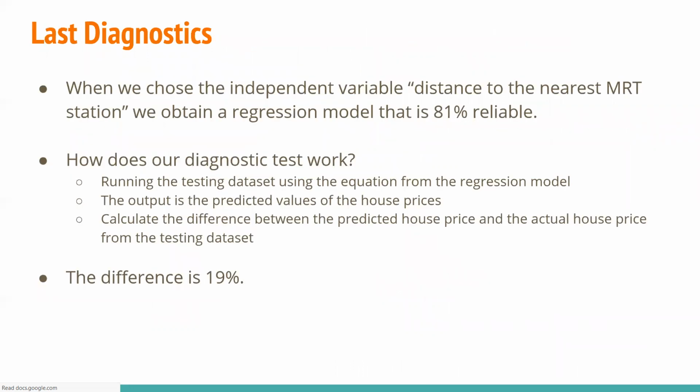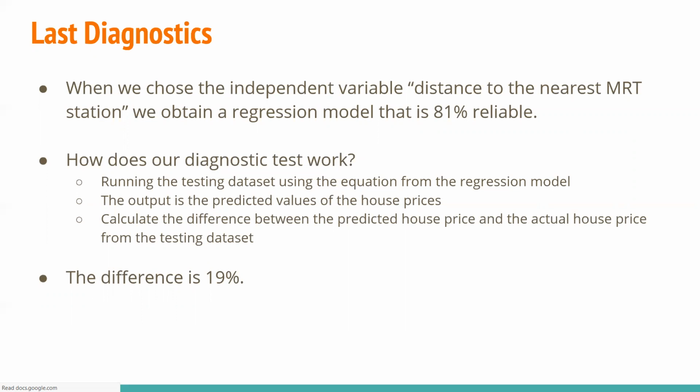So to evaluate the testing data set and the regression model that we're trying to build here, both single and multiple regression model, we decided to run a diagnostic test and see how the distance to the nearest MRT station can predict the price of the houses.